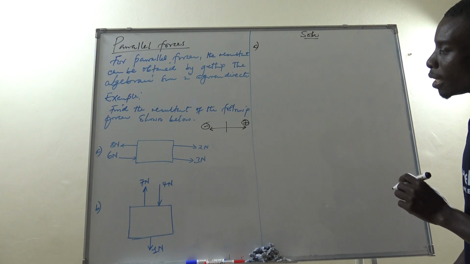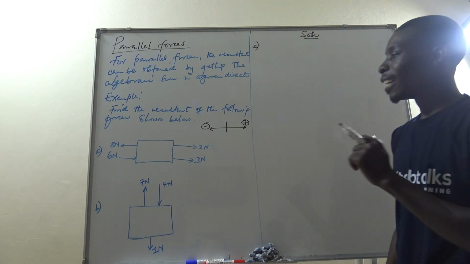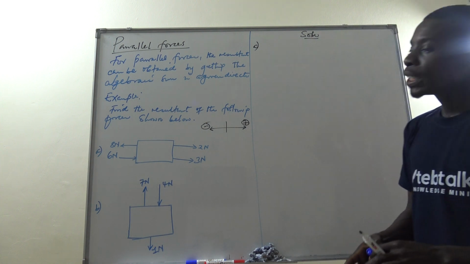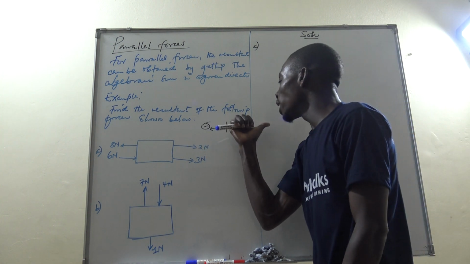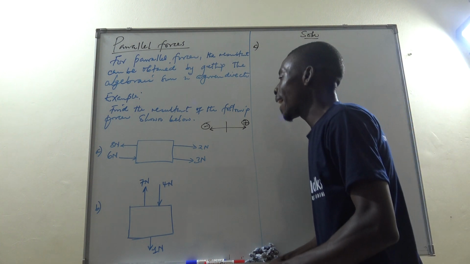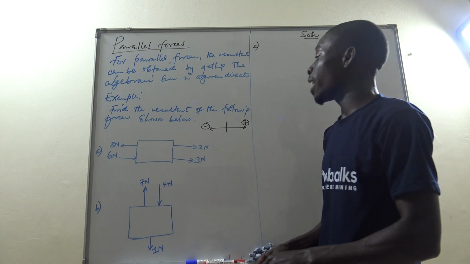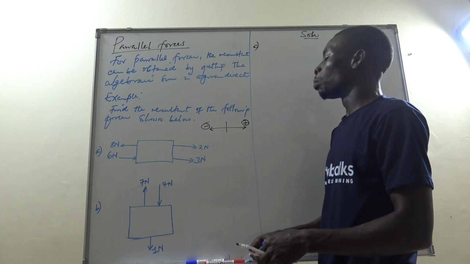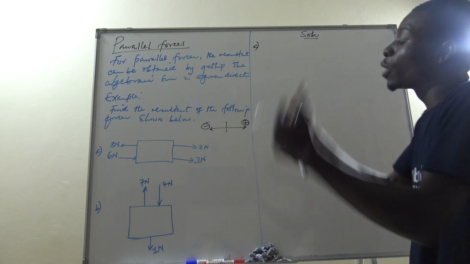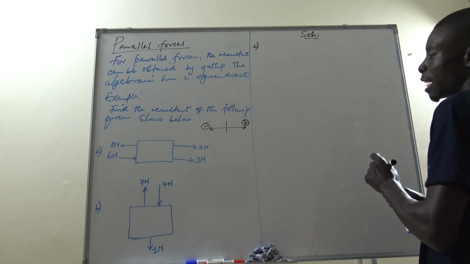What does that mean? Whichever force is going one direction should be taken as negative, and whichever force is going the other direction should be taken as positive. That kind of convention is very important, you should keep it with you as we move toward more complex examples.